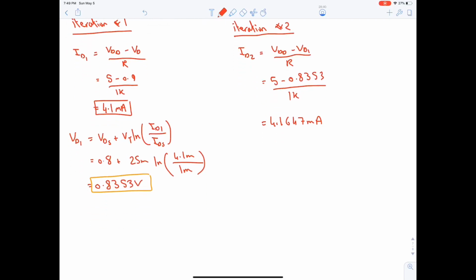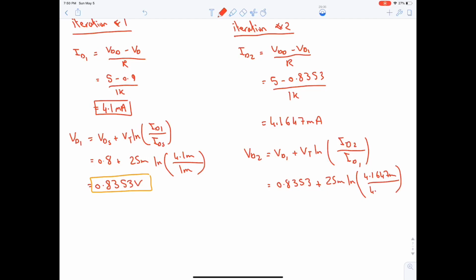Okay, now finding VD2, it's equal to VD1 plus VT ln ID2 divided by ID1. VD1 is equal to 0.8353 plus 25 milli ln ID2, which is 4.1647 milli divided by 4.1 milli.